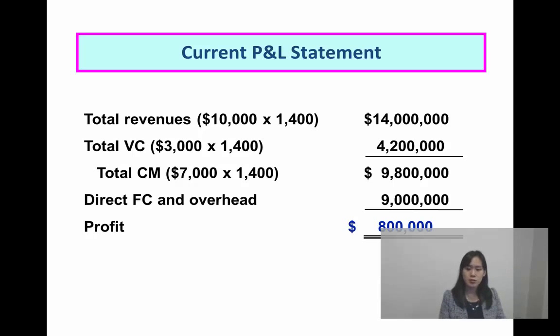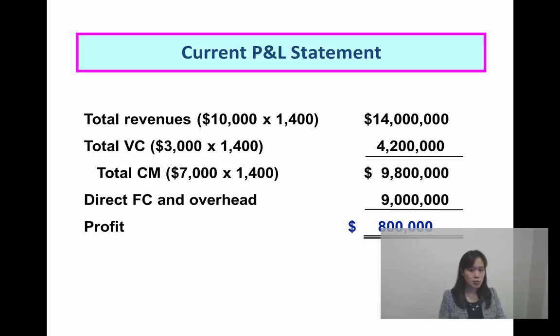So we know that total revenues is $10,000 per admission times 1,400 admissions a year. That's $14 million. Total variable cost is $3,000 per visit times 1,400 visits. That's $4.2 million.